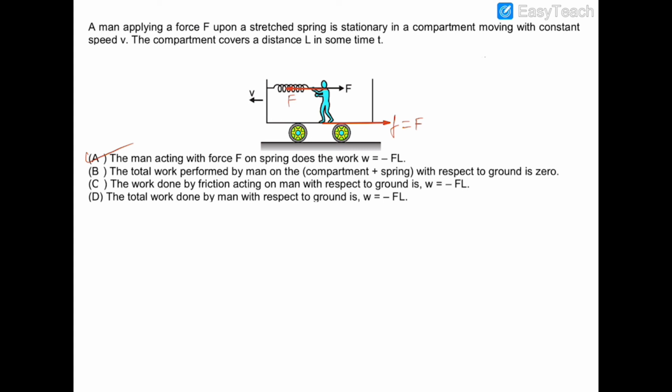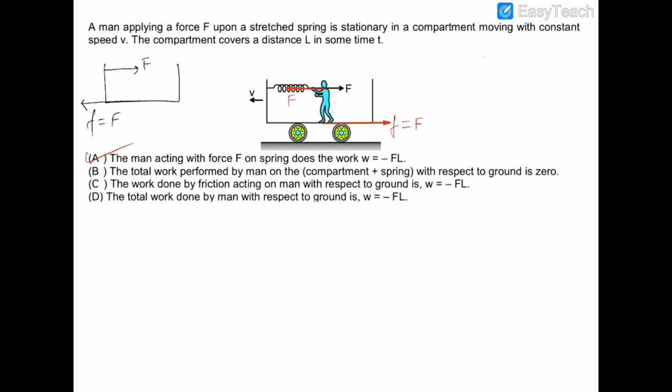But if I draw the free body diagram of the compartment, then this man is applying a force F on the compartment in this direction, and he is applying a reaction force by his foot in this direction, which is the reaction of friction. So the net force applied by this man on this compartment will be 0, and obviously this compartment is also moving with a constant velocity.